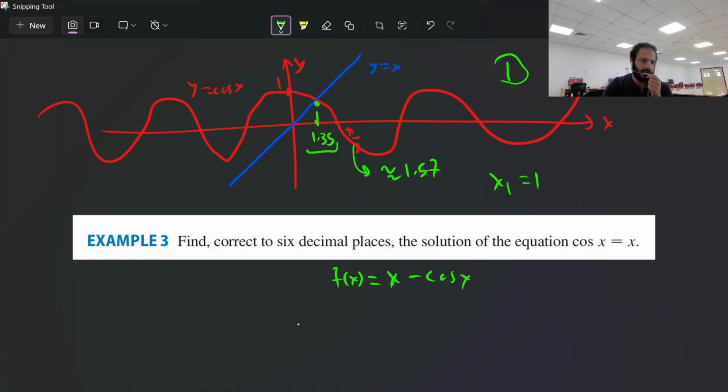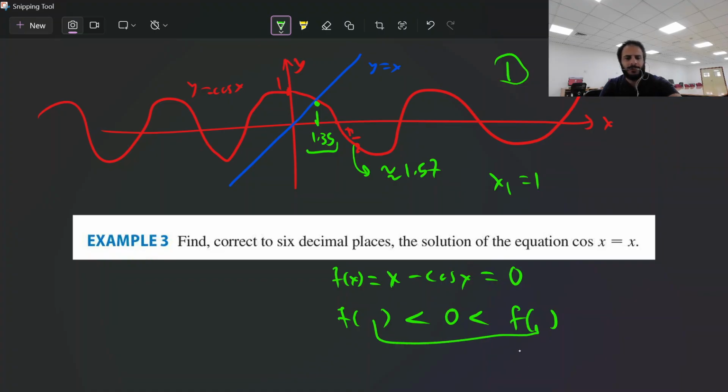Next, I want this to be 0, right? And we know that this function is continuous. So I need to find an x value that is less than 0 and an x value that is greater than 0. Then we know that there is a solution and it's between these x values. Now here, if you substitute 0, what's the value of f of 0?